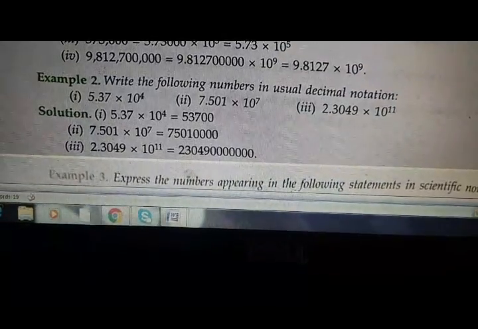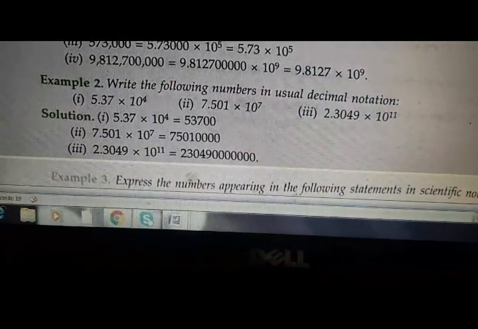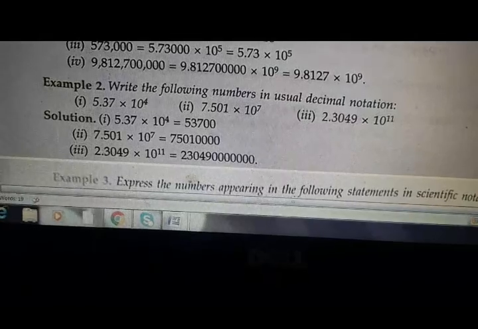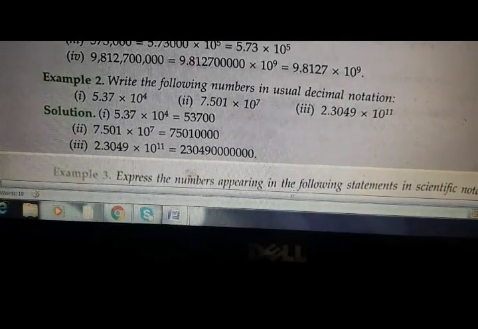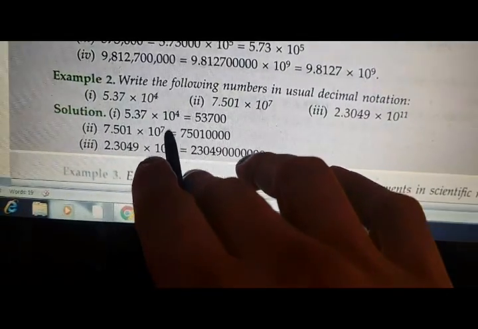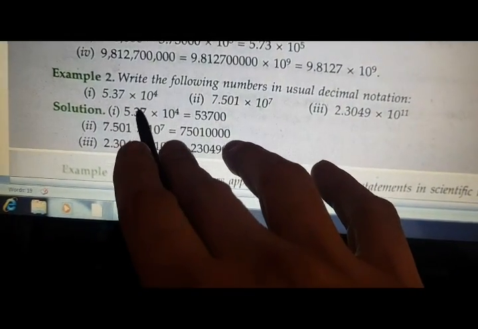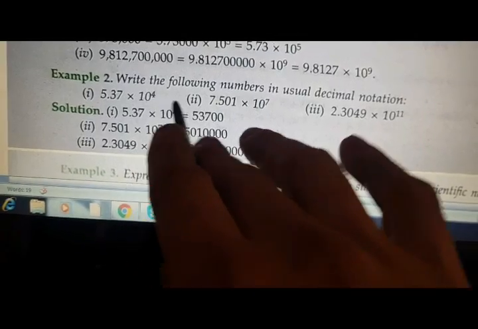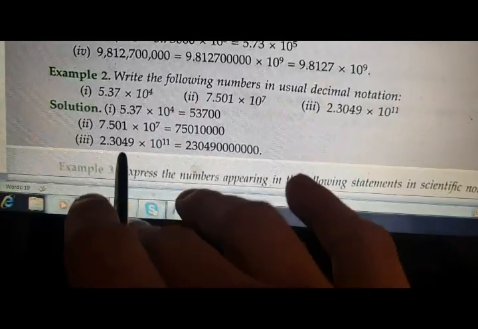So you have 53700, or you simply multiply by 10,000. After the decimal you move 4 places, you will get the answer. For example, 10 to the power 4 means 10,000. 1, 2, 3, 4. So you put 2 zeros and the answer is 53700.